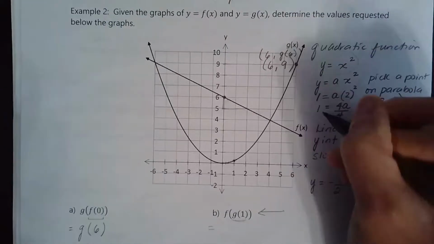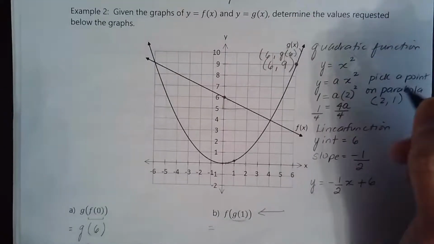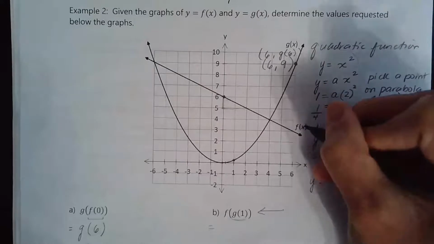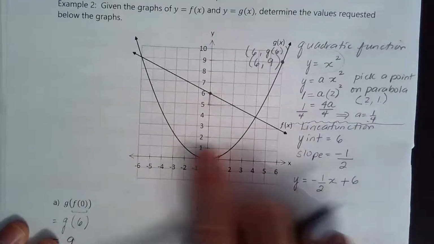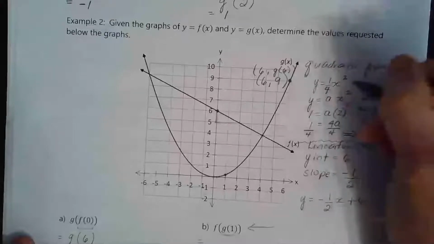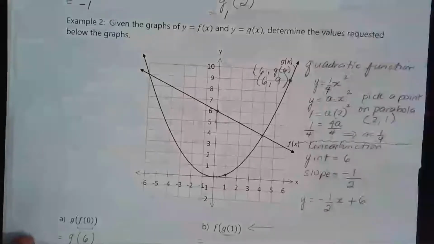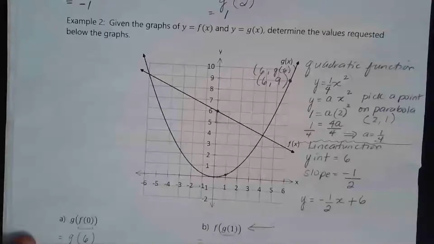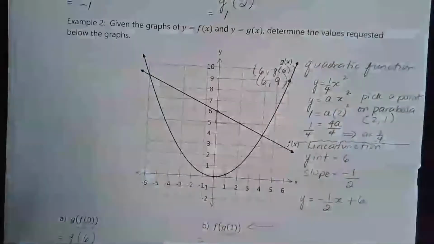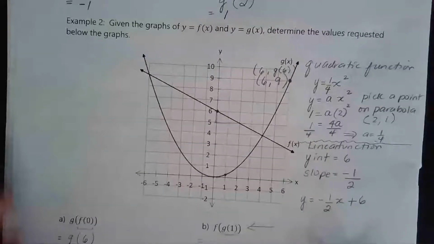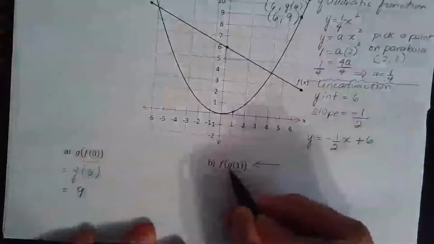To solve for a, divide by 4 on both sides. So this function g of x is really 1/4 x squared. It's vertically compressed by a factor of 4.